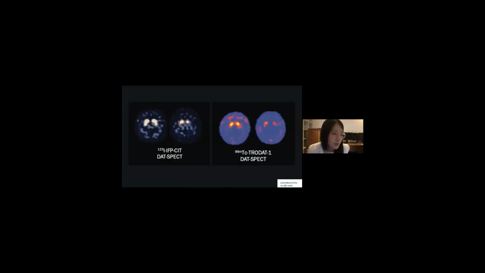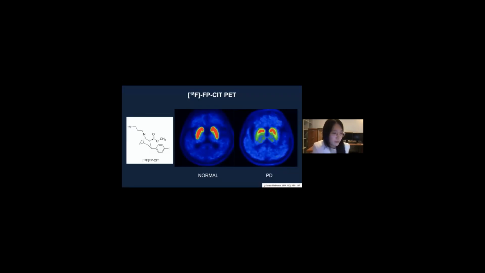This is SPECT imaging for dopamine transporter, iodine-123 FP-CIT, and technetium-based TRODAT. Among various PET and SPECT tracers, FP-CIT PET is widely used in clinical practice in Korean and European hospitals and was known to be suitable for PET neuroimaging.